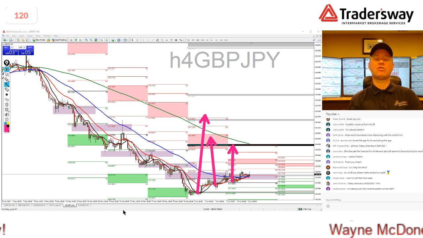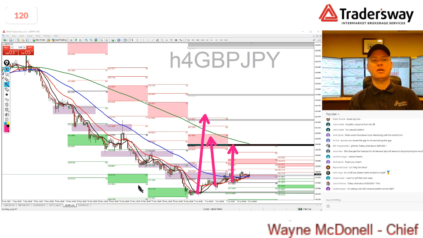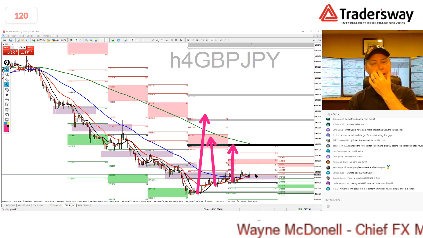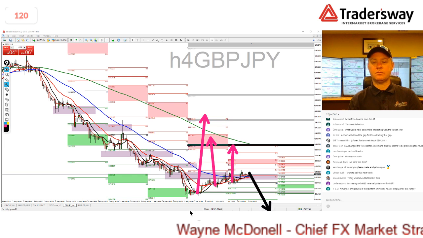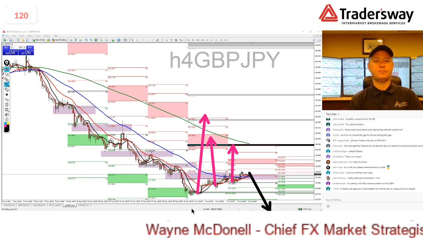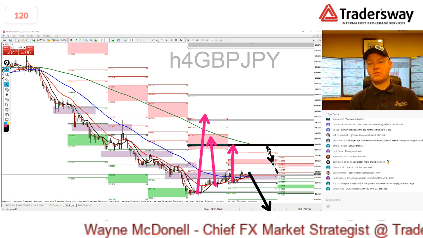So if you've added 3 trades there, you've just added 3 times the risk. It hasn't changed the potential break or not, because if it's going to drop, it's going to drop now. And if it doesn't drop there, it's going to drop up here.